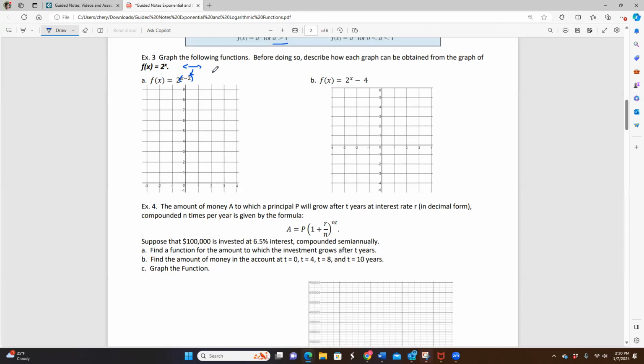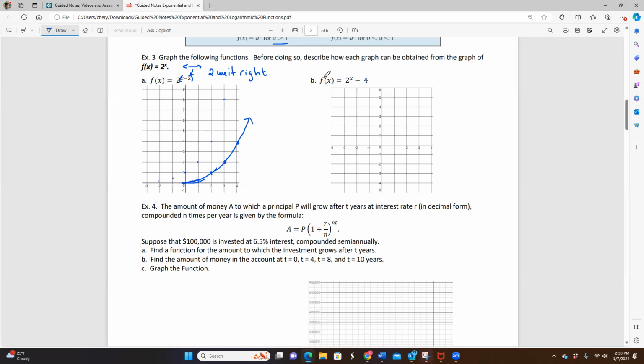So this is going to move that graph from above 2 units right. So instead of having these points from the graph of 2 to the x that we had above, they're all going to be slid 2 to the right. So that vertical intercept, which was at 0, 1, is now going to be at 2. The point that was at 1, 2 is going to be moved over 2 to the right here. And this graph should be, anyway, like this.